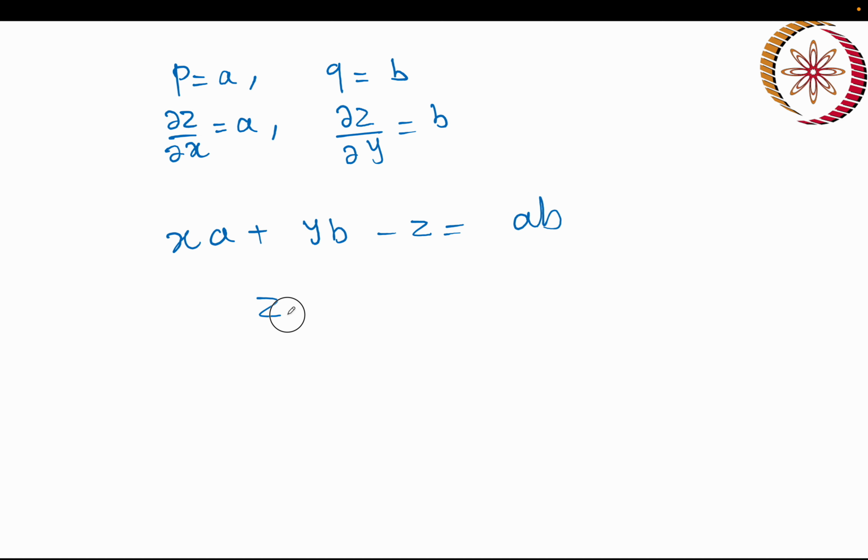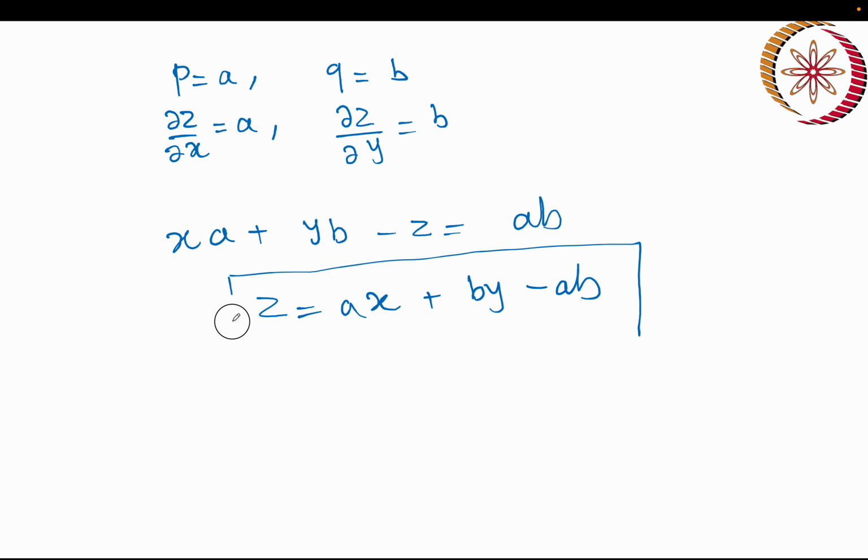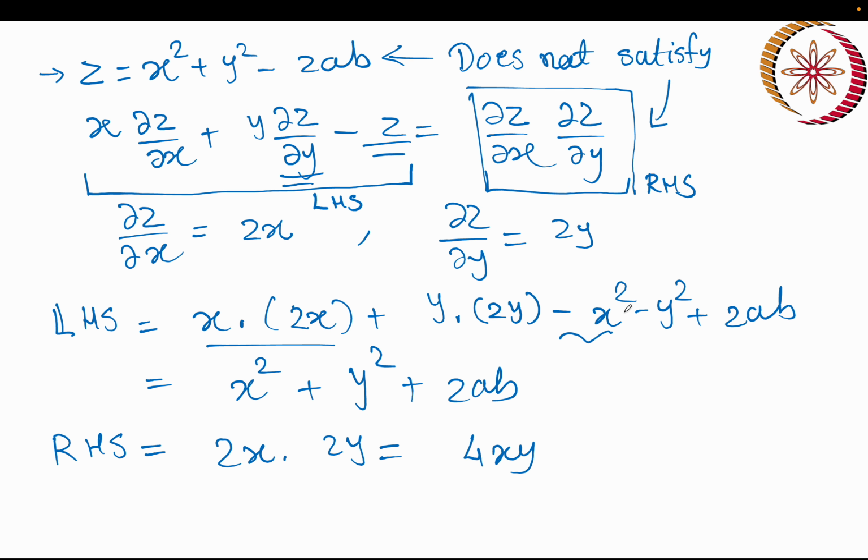So if we rearrange, we will get z equal to ax plus by minus ab. So this is the method to actually get the solution.